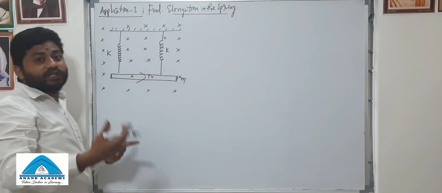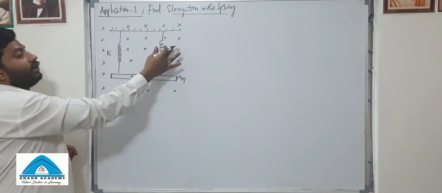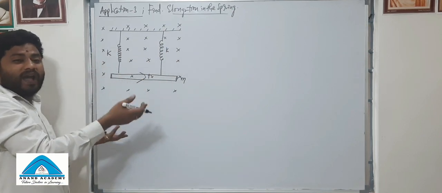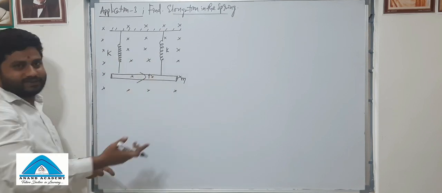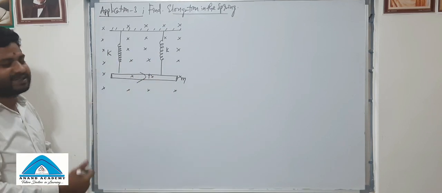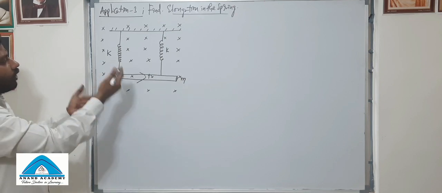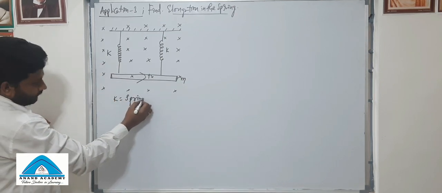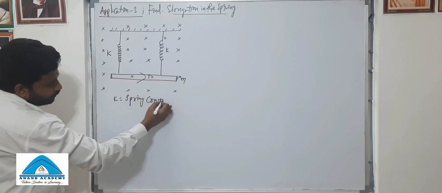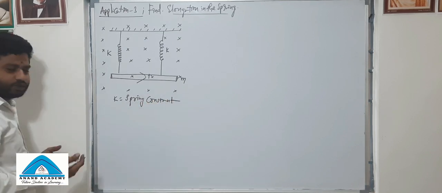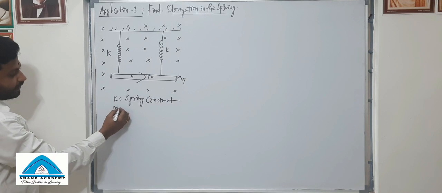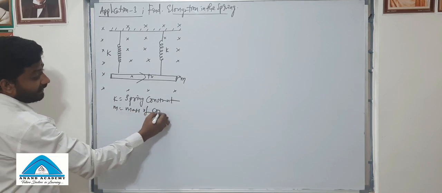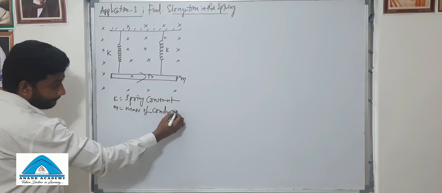Same amount of elongation will be produced because the K values are the same, and only a single conducting wire is connected between both the springs. Definitely the elongation will be the same. So what are all the things I am writing here? K is the spring constant of the springs. M is the mass of the conducting wire.